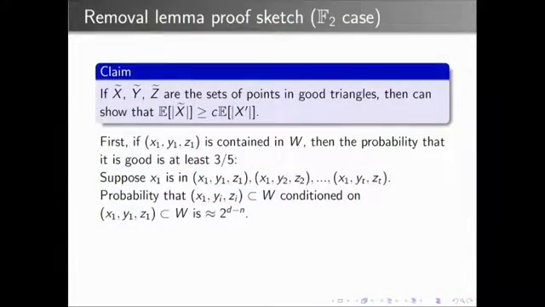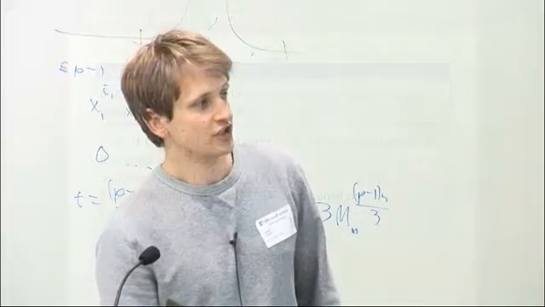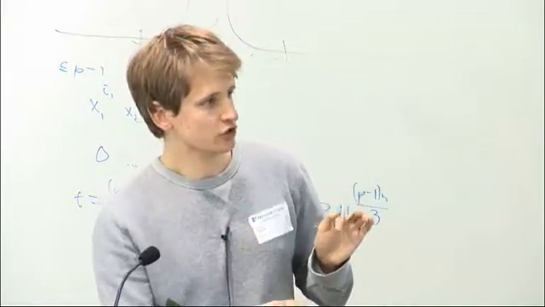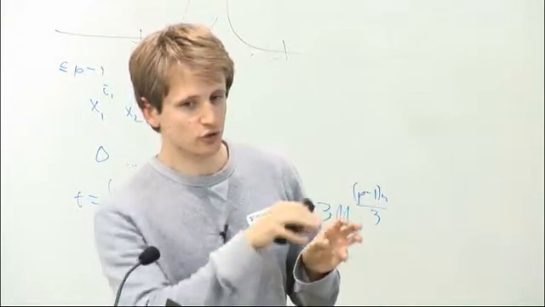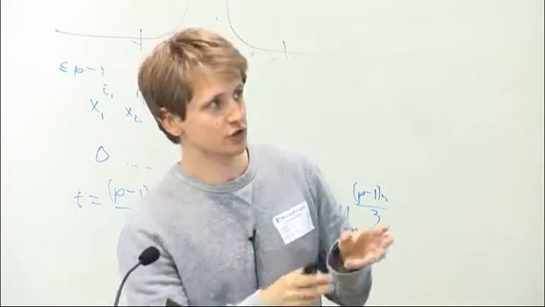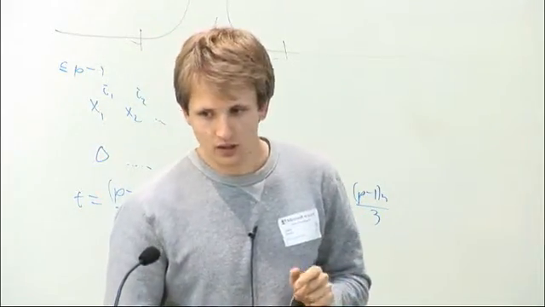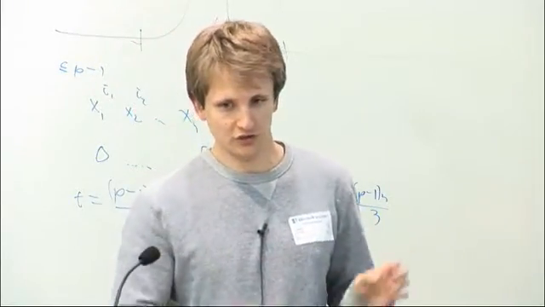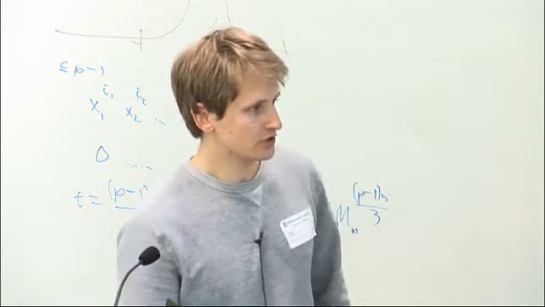So let's look at x1. So x1 is in T triangles. And because I said that x, y, and z are disjoint, these T triangles correspond to T different two-dimensional subspaces. I'm sorry, I forgot to mention that I'm going to concentrate on the F_2 case, which is slightly simpler than the general F_p case.